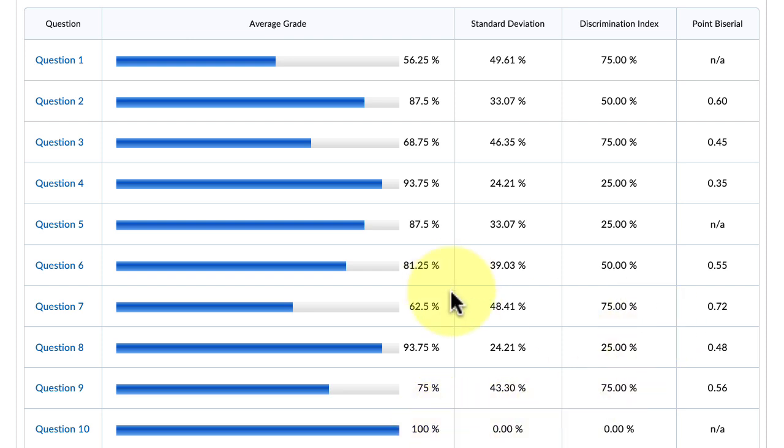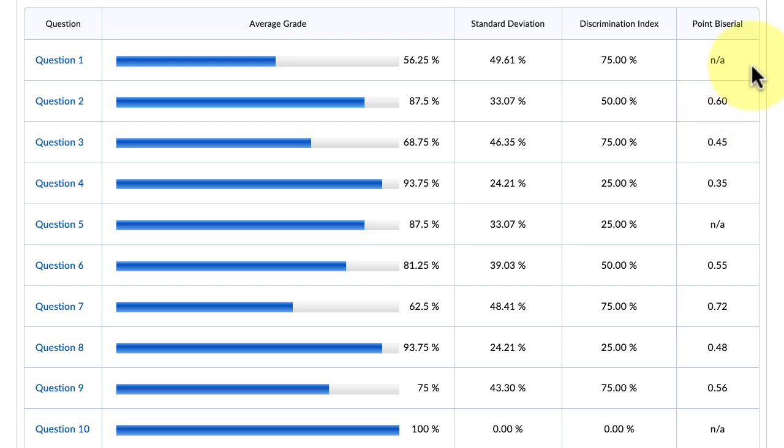But honestly, to me, the most important number that I want to look at is something called the point biserial. What this number reflects is a correlation, so it'll be a number from -1 to 1. It's the correlation of how well students did on this item compared to how well they did on the other items on the exam.